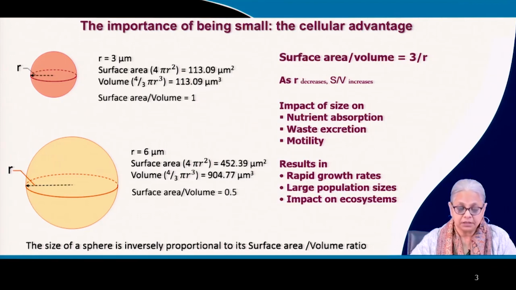In the first case they are equal, and you can do the derivation. So 4 pi r squared divided by 4 by 3 pi r cubed, and the ratio is equal to 3 by r, and you can put it in terms of diameter as well. Now surface area divided by volume, in the first case is 1, and in the second case the ratio is 0.5.